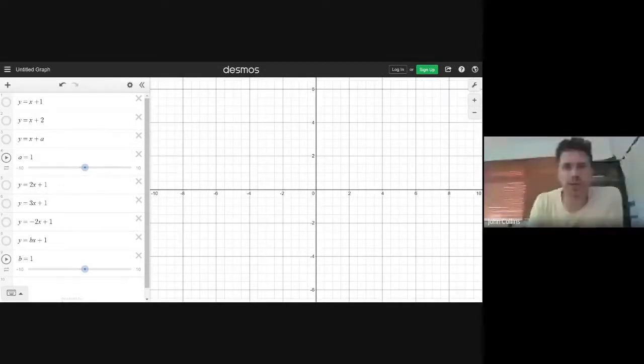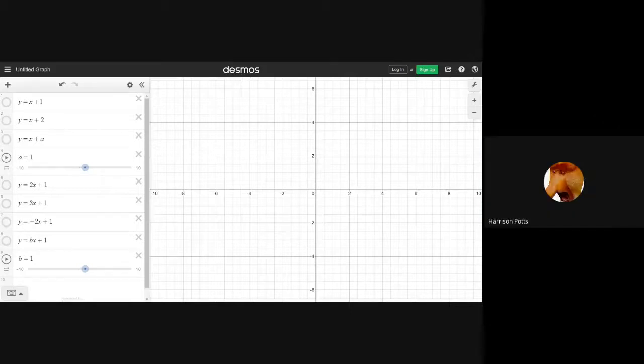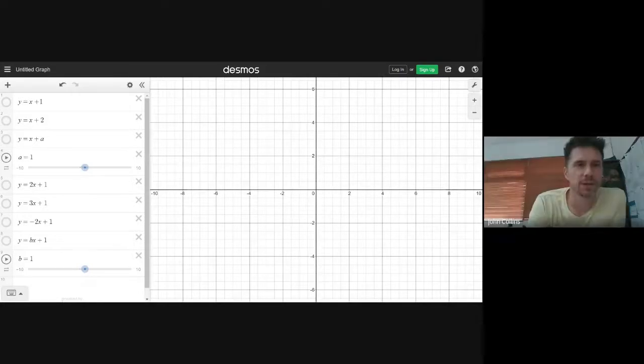All right, so hopefully now you can see some sort of graphing screen. Can someone just say that you're seeing the screen that says Desmos? Yeah. Okay, thank you.